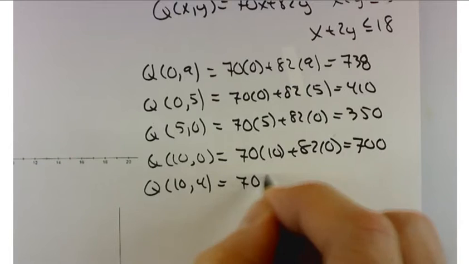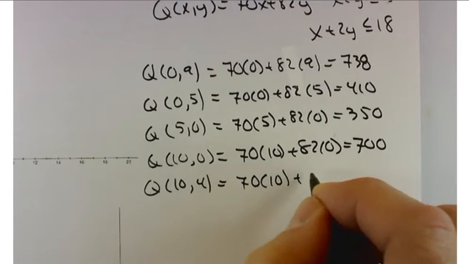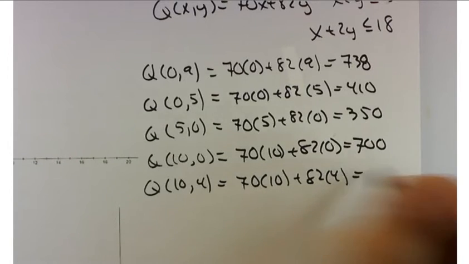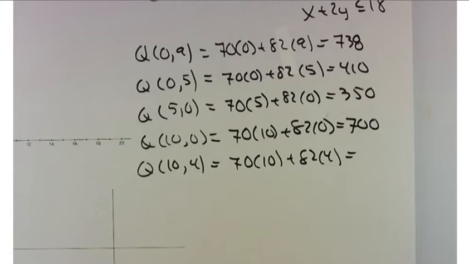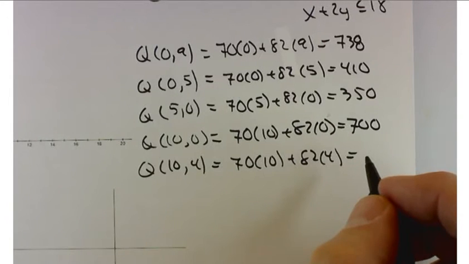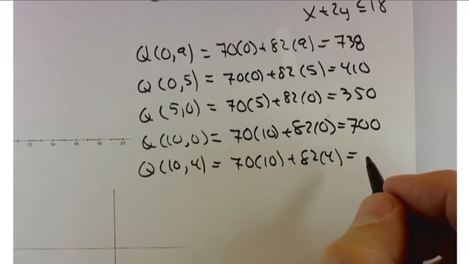And 70 times 10 plus 82 times 4, let's see, 1,328? No, 1,028? Someone check me on that one.